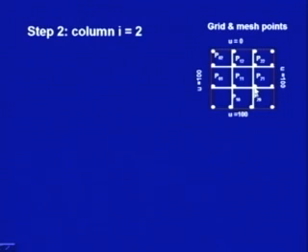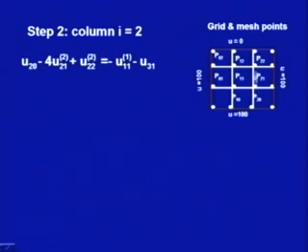In the second column we again have two internal points, u21 and u22. First start with the first internal point, as we are moving in the column manner. We would get u20 minus 4 u21 plus u22 is equal to minus u11 minus u31. Now, u31 and u20 are boundary points, and u11 on the right hand side is from the first approximation.